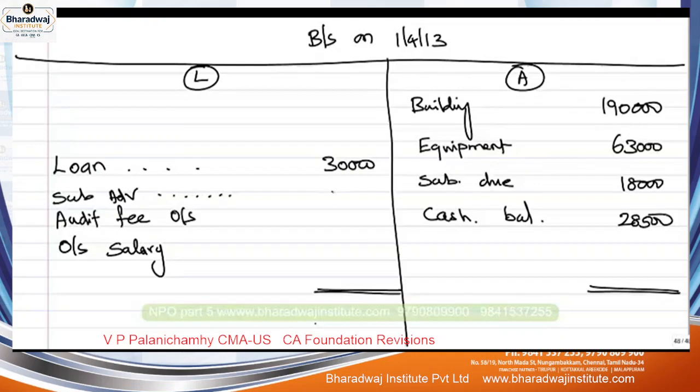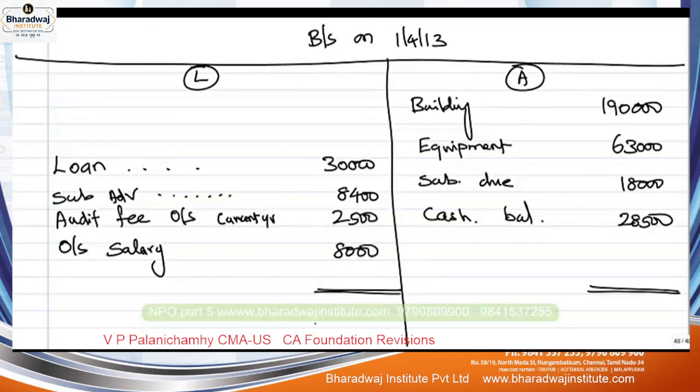Subscription received in advance at the end. How much? 400. Audit fee is outstanding. For current year, we have not paid the auditing fees. How much? 2,500.